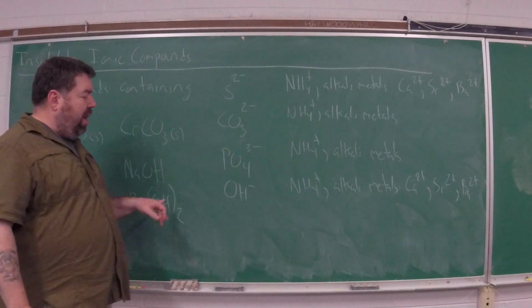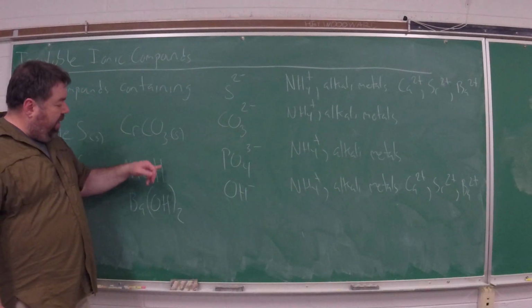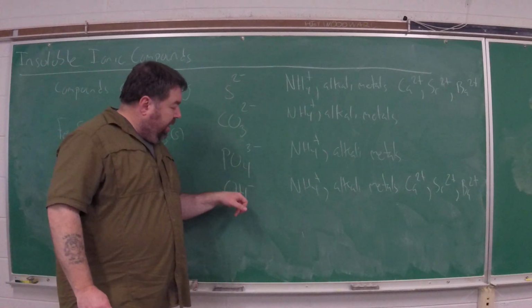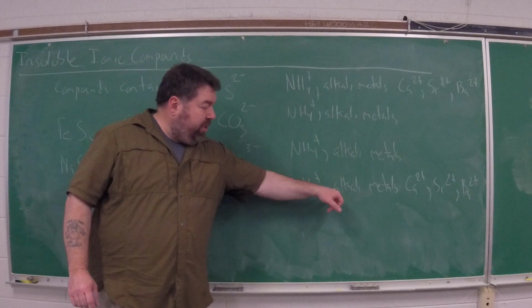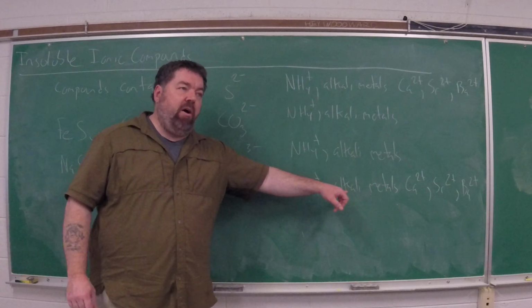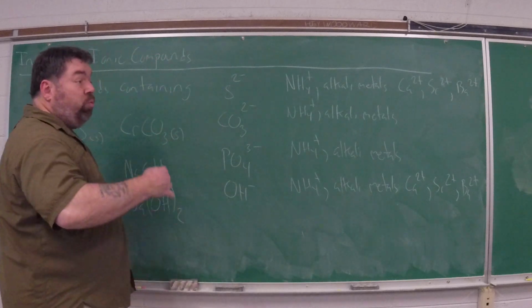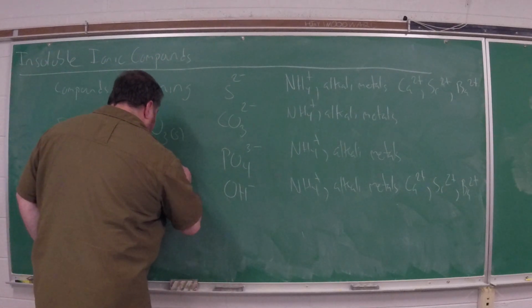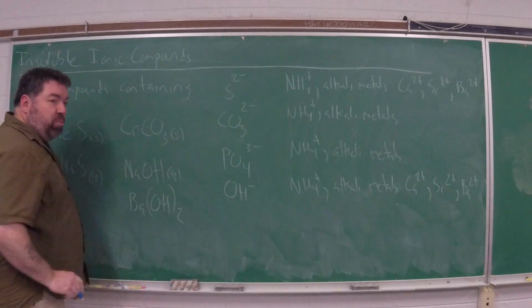What about sodium hydroxide? Again, check the anion on the table, hydroxide, check the exceptions, NH4 plus, alkali metals. Again, sodium is an alkali metal, so this would dissolve, it's soluble, so it would be aqueous. Don't confuse this S with soluble.